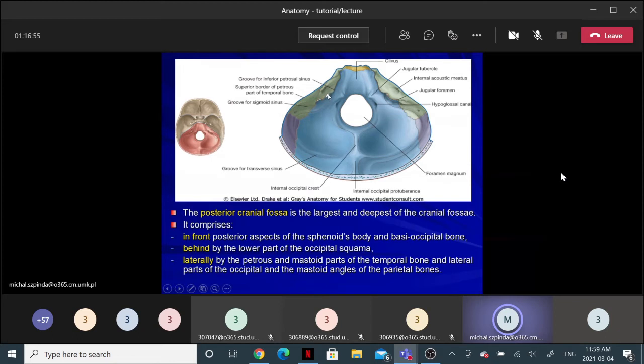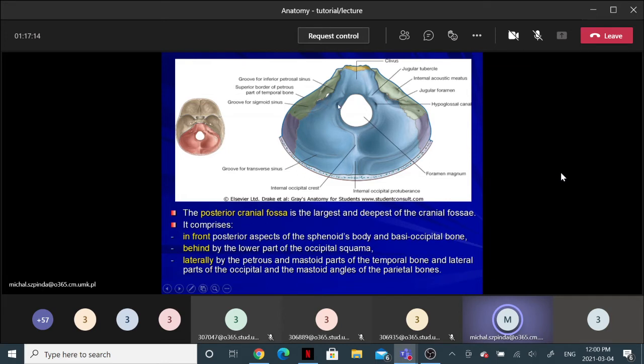Both parts of the jugular foramen lead to the external cranial base, precisely to the parapharyngeal space, like does the hypoglossal canal.